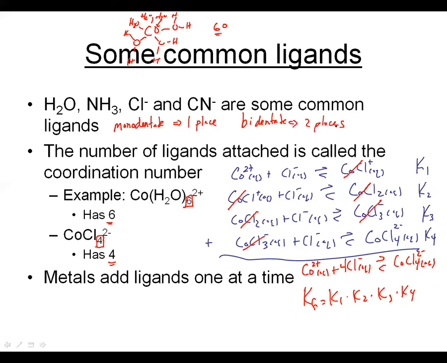So for example, if I had, say, a metal that had C2O4 attached to it, 2 of them, in this particular case, this is oxalate. And if you draw oxalate, it will look like this.